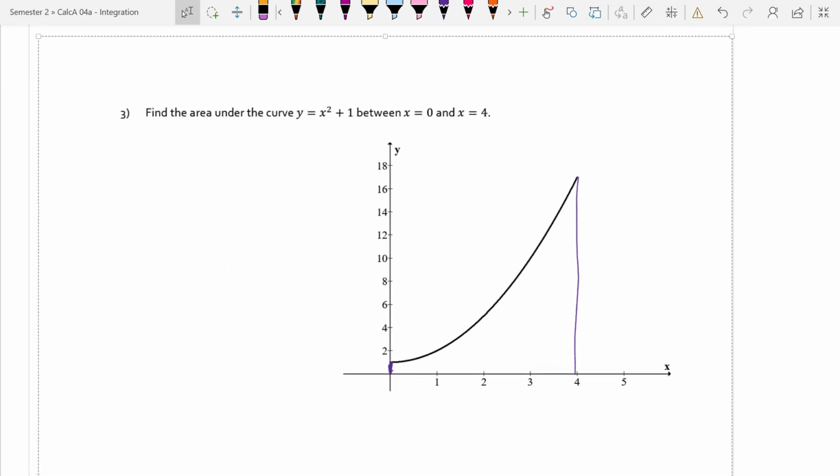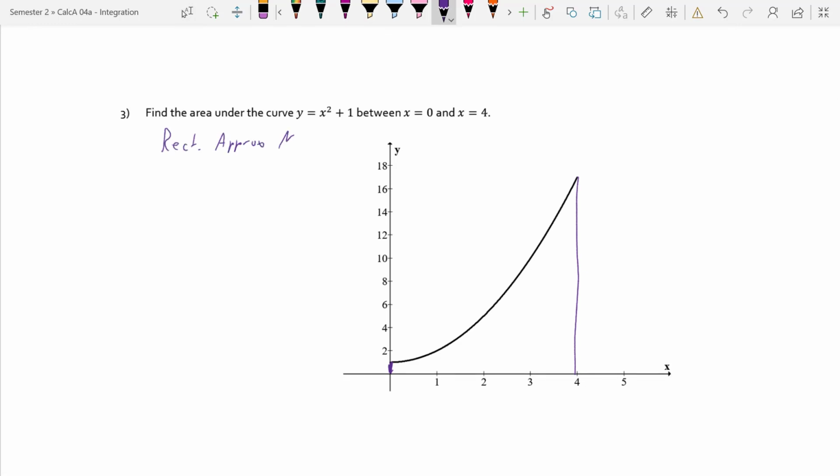So what I can do is something called the rectangular approximation method, or RAM, and that's the RAM that you're going to see several times in this lesson. I'm going to model this area by rectangles. I know you're going to think this is very inefficient. However, there is a purpose for why we are doing it this way, so I need you to go with me on this one.